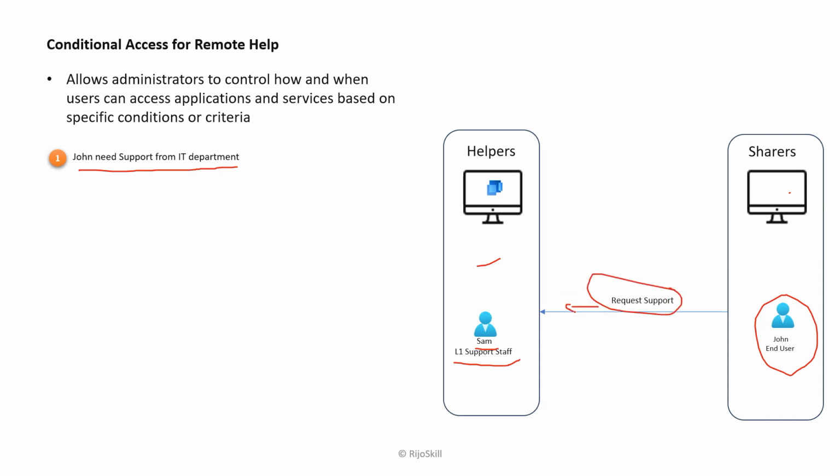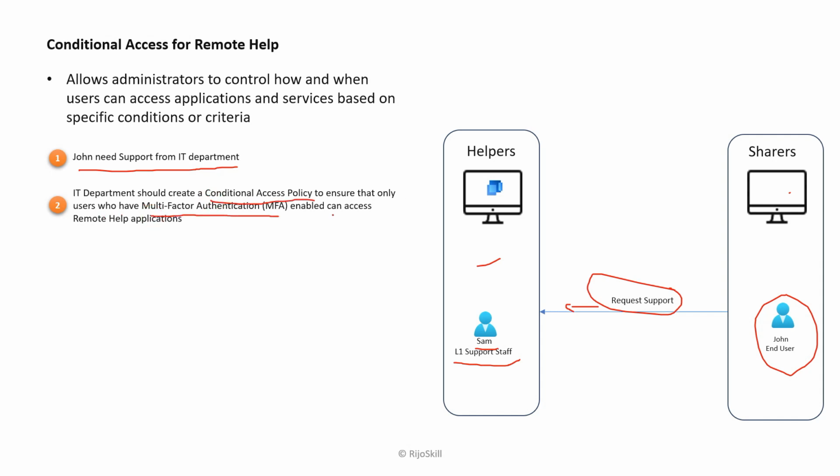Once John gives the request for support, your IT department has already enabled a conditional access policy to ensure that only users who have multi-factor authentication enabled can access the Remote Help application.